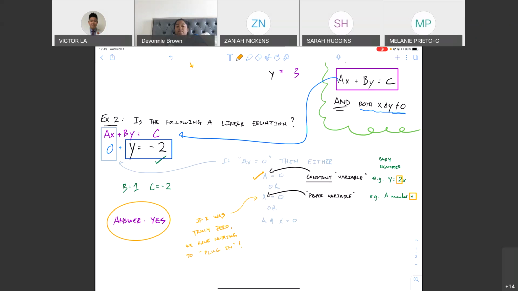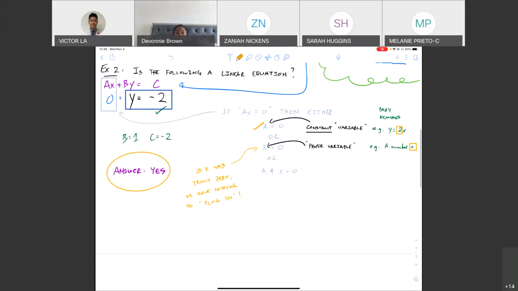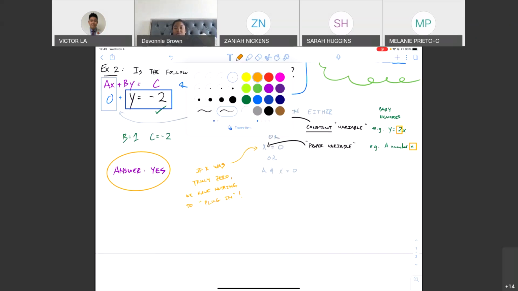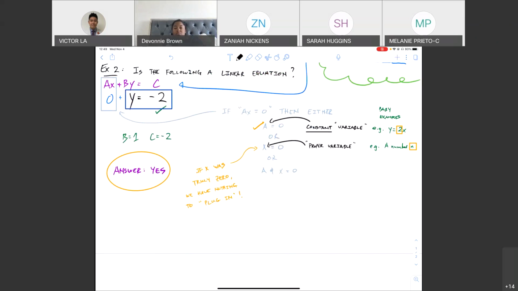And then you might go, well, I don't know what you mean by that. That doesn't make any sense to me. Well, let's graph it, because then it'll make sense. So what does the equation y equals -2 look like? It looks like this. It's trying to tell you that you have a y here, and you have just this crazy long x, and it doesn't matter what number you plug in. 1, 2, 3, 4, 5, 6.